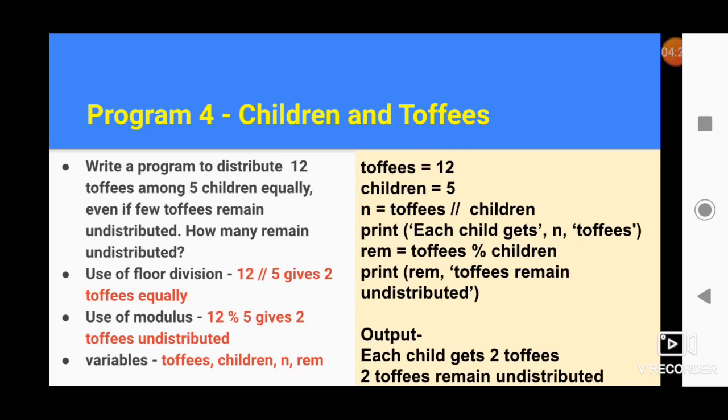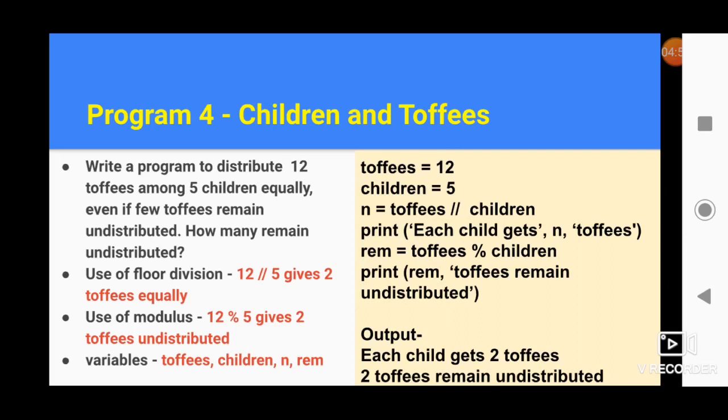Note that the word toffees is not enclosed inside any quotes in the first line, because it is to be a variable name, and a variable name cannot have any special characters, which we have already discussed. So remember that the two uses of this word toffees are completely different. In the first case it is a variable name, and in the fourth line it is used as a string literal.